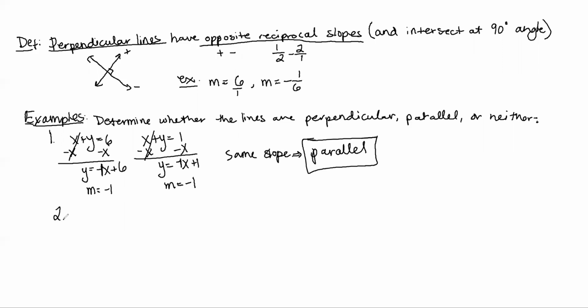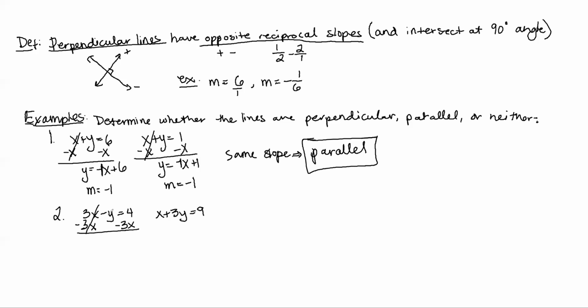So this next one, we're given 3x minus y equals 4, and x plus 3y equals 9. Let's do the same thing and get y by itself. I'm going to subtract 3x on the left and right of the first equation.